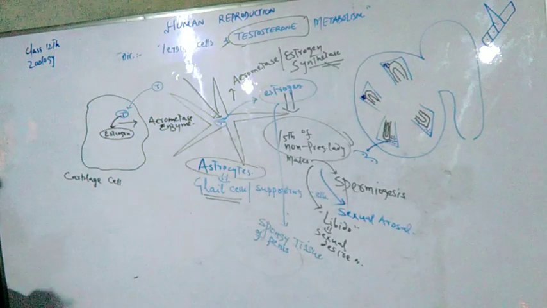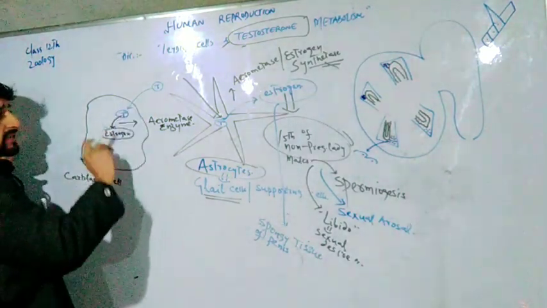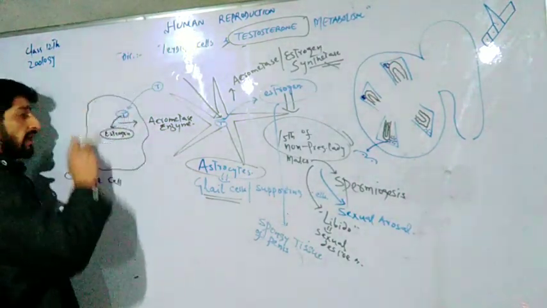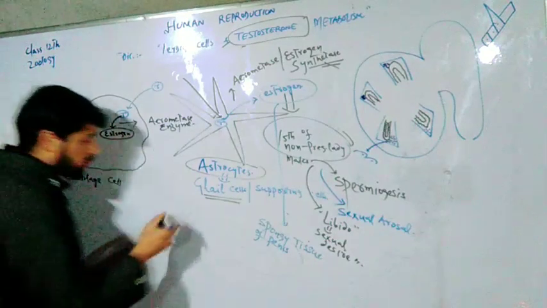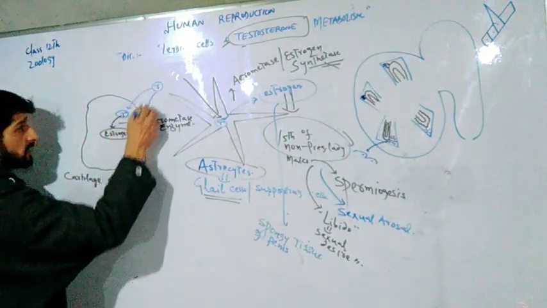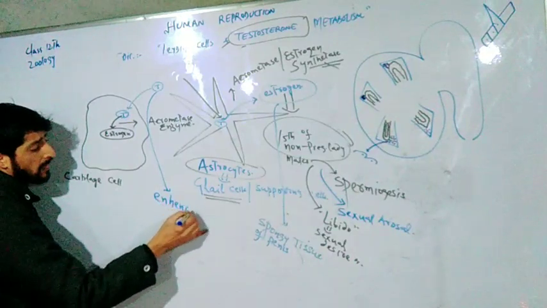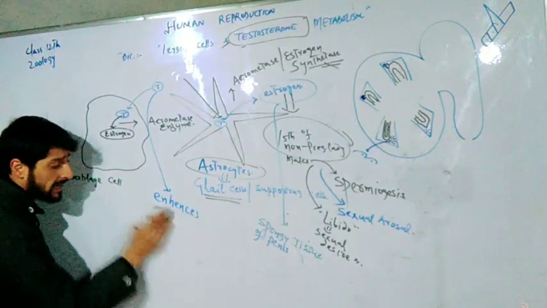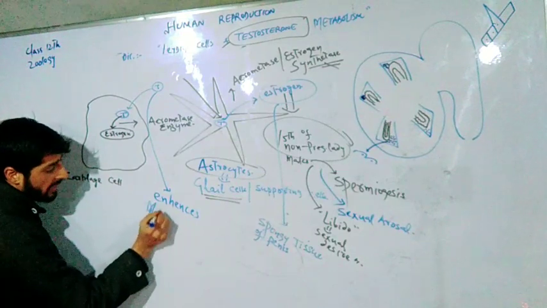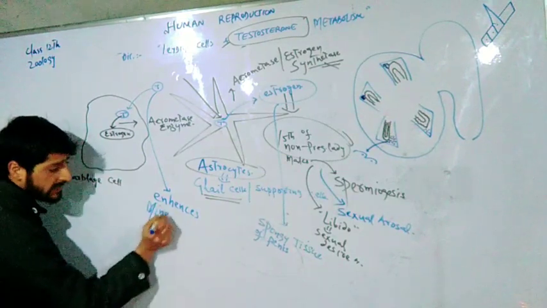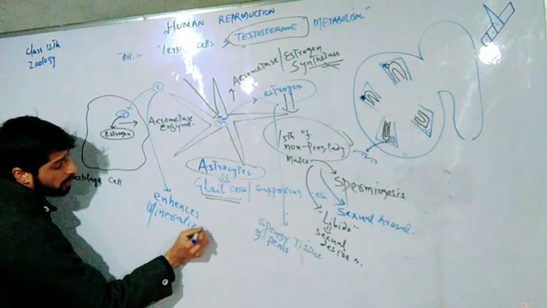So, if testosterone is converted into estrogen in the cartilage cell, right now you should remember one important point here. Testosterone actually enhances ossification or mineralization of bones. Testosterone enhances mineralization of bones.